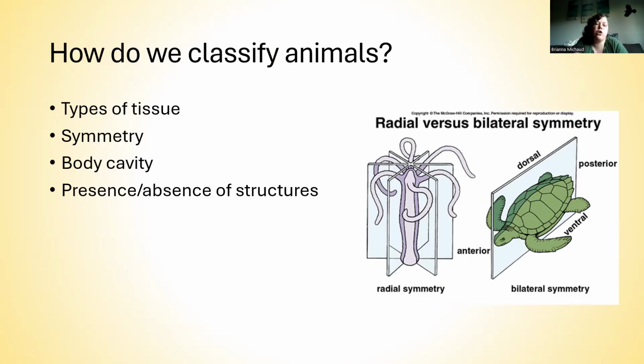Some of the things we look for are what type of tissues they have, how many different types, and what they are. We also look at body symmetry, which I'll talk a little bit more about in a moment. The two main types we're going to talk about today are radial symmetry, where if you look at the animal from a certain angle, you could cut it like a pizza, and every pizza slice would be similar to each other.